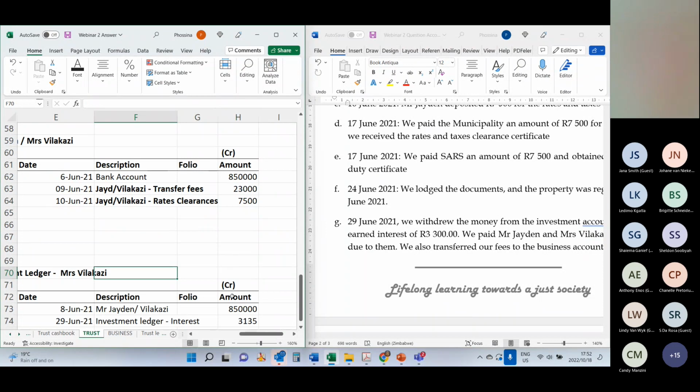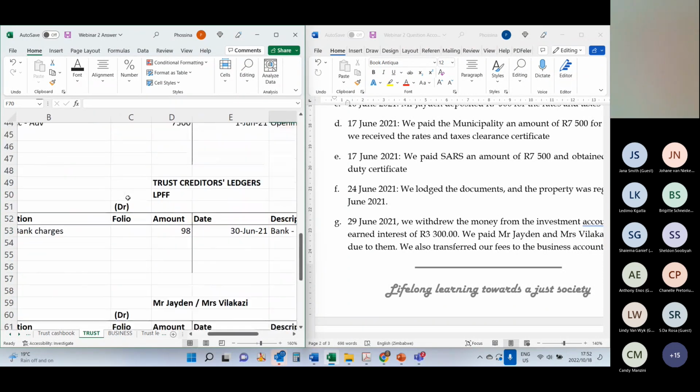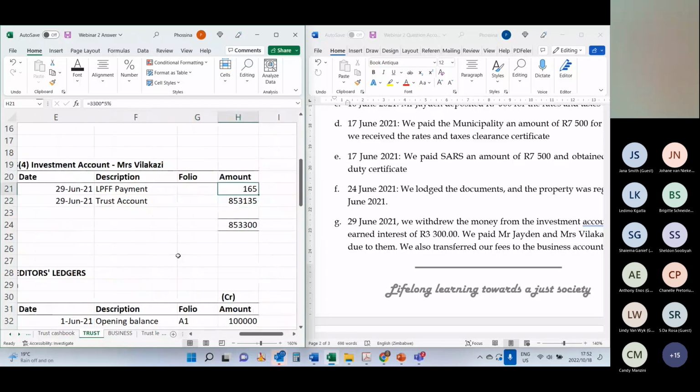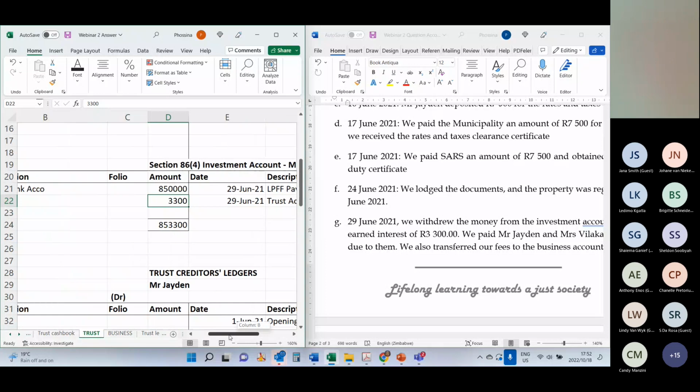Okay, and then the 5%, let's move and do the 5%, which is this one, the LPFF. When we received the 3,300, we did one leg. Now we need to do the second leg of the 5%. So I'm going to create a ledger.